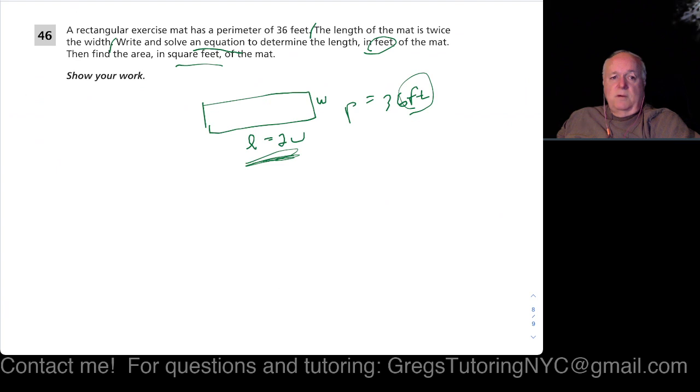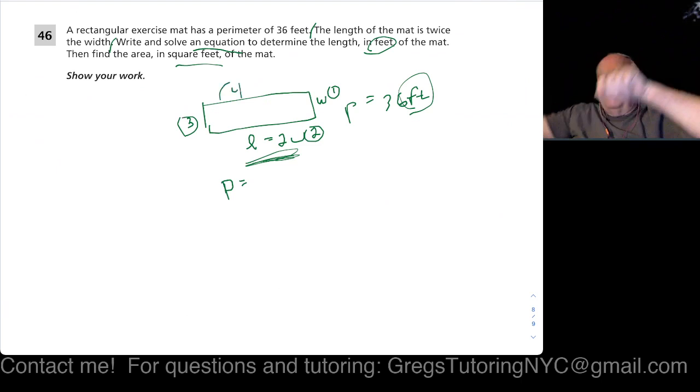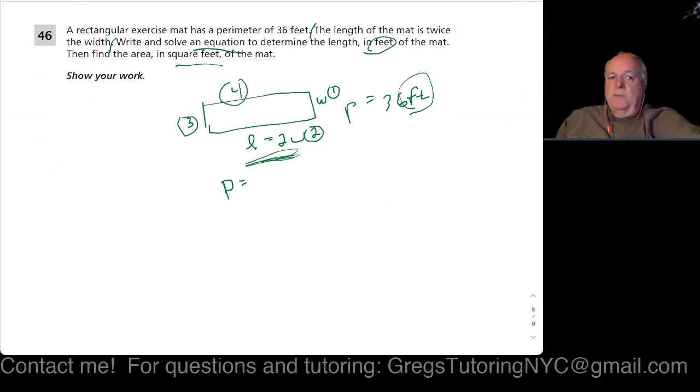So the perimeter of a rectangle is equal to, if we go around sequentially, this is side number 1, side number 2, side number 3, and side number 4. The perimeter is if we put a long string wrapping them all up. So we get side 1, the width, plus side 2, the length, plus side 3, the width again, plus side 4, the length again.